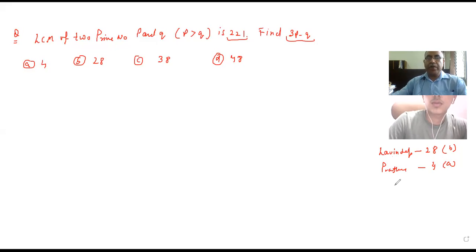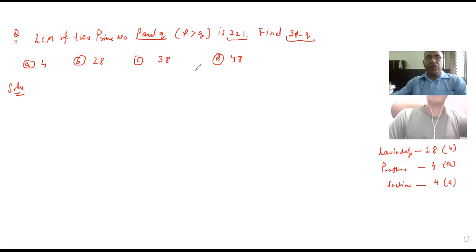Open for the entire lot. Sir, 4. Who is saying 4? Sachin में. Sachin. So one more Sachin. Sachin is saying 4. चलिए. और कोई? Someone want to add? नहीं.